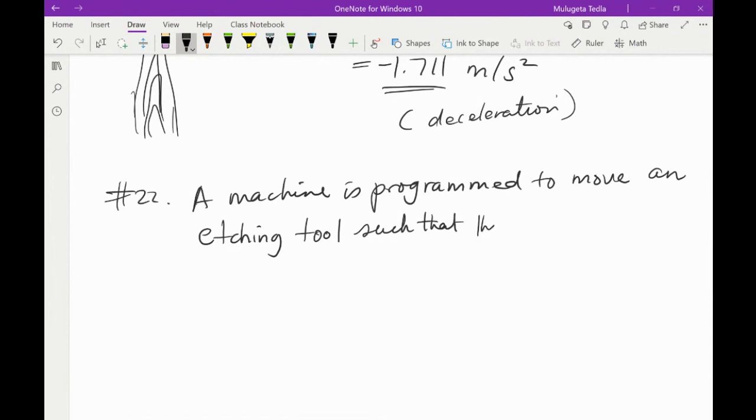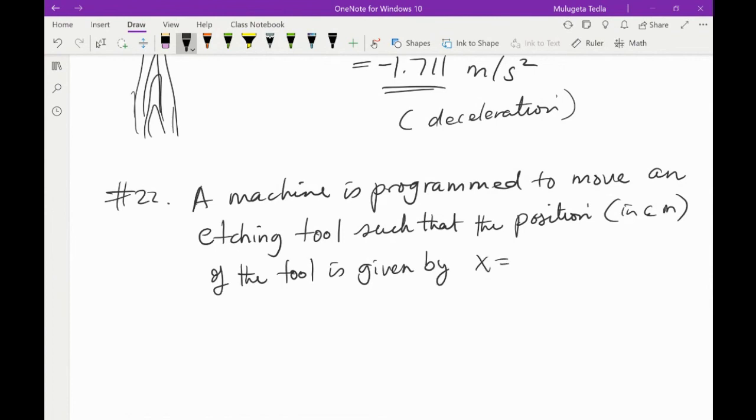Such that the position in centimeters of the tool is given by parametric equations: x equal to 2 cos of 3t and y equal to cos of 2t, where t is time in seconds.